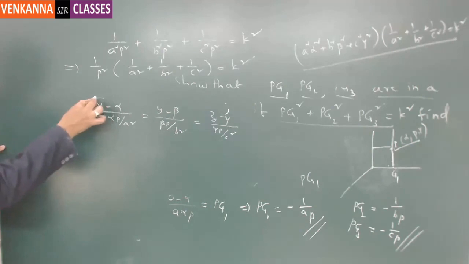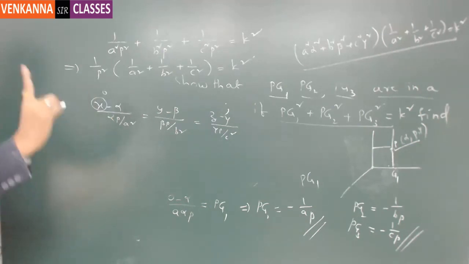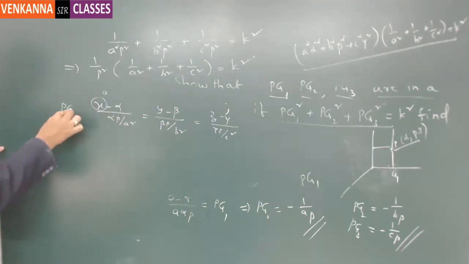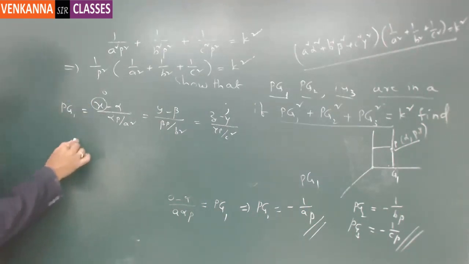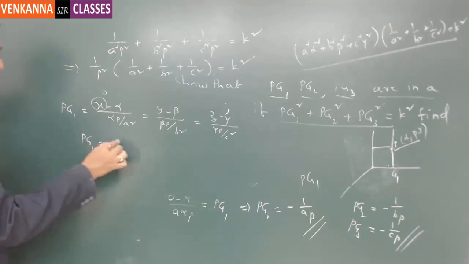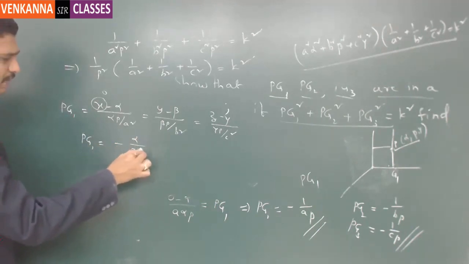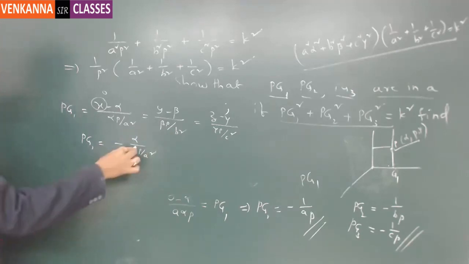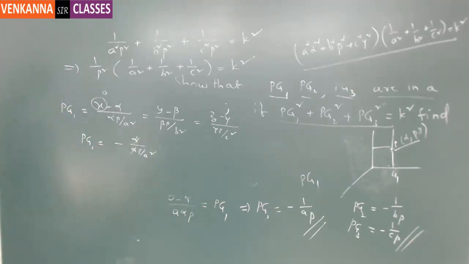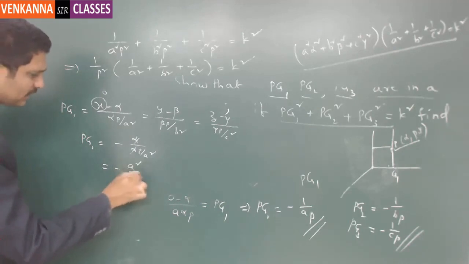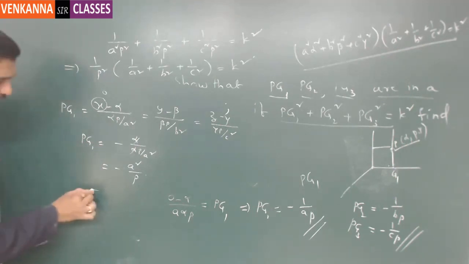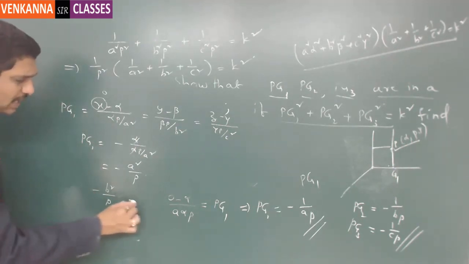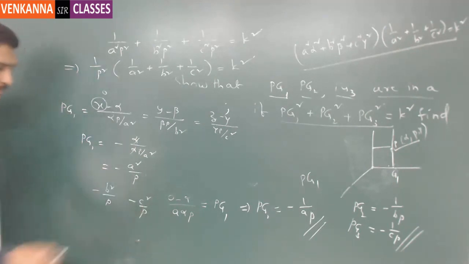By substituting x equal to 0, we will get one distance, which is PG1. So from this you have PG1 equal to minus alpha by (alpha p by a square). Alpha gets cancelled, so it is nothing but minus a square by p. Similarly, we will get the other distances as minus b square by p and minus c square by p.